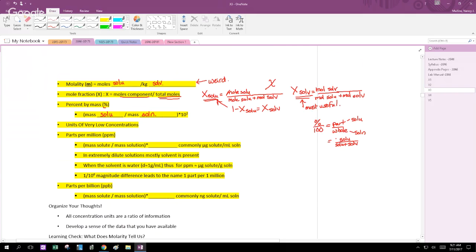So if I want to solve for percentage, you can see that my percent is to 100% as part is to whole. If we multiply by 100%, then we're going to come up with a percentage of that particular thing.